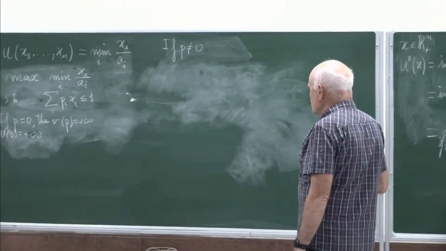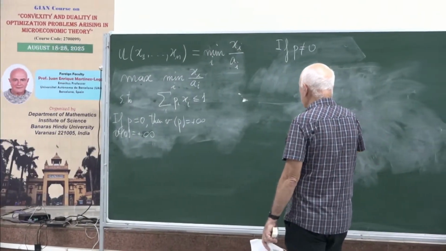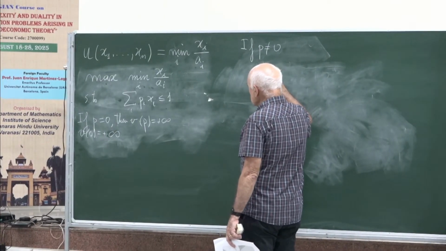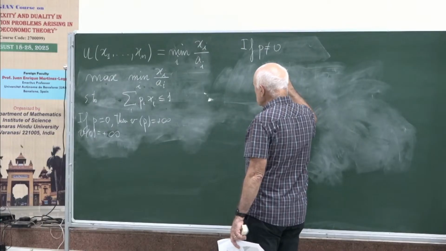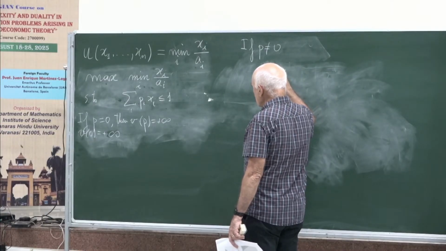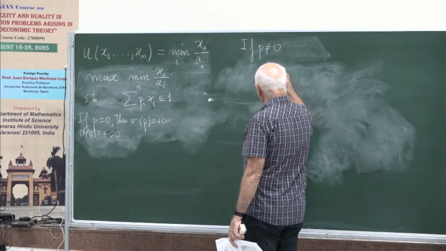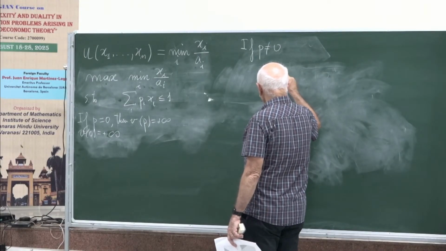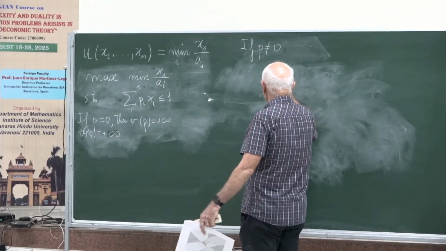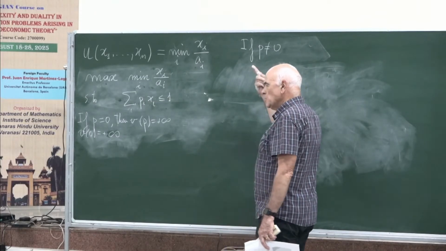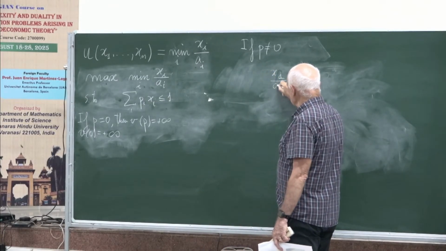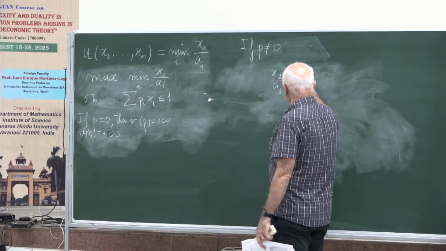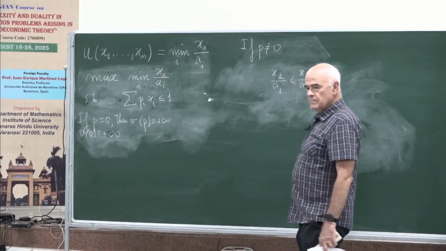Okay? Suppose we have, for some solution, let's say x1, in order not to introduce appendices, x1 over a1 is less than x2 over a2.